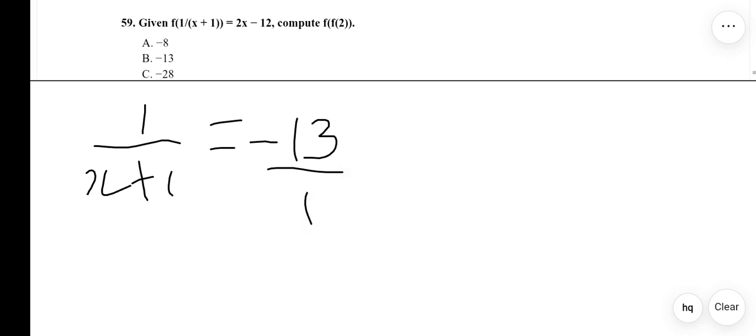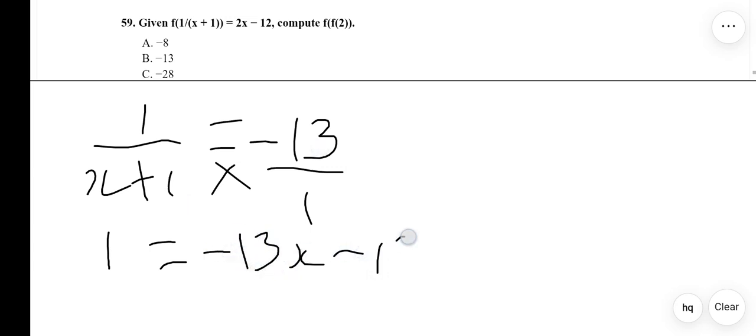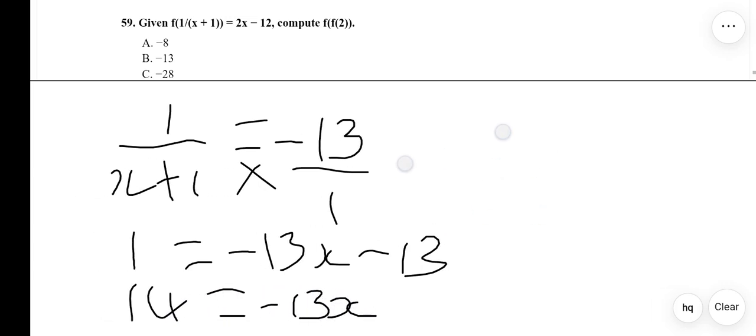So I'll do the same way I did it. 1 times 1 is 1. Minus 13 times x will give me minus 13x. Then minus 13 times 1 will give me minus 13. So this minus 13 will go to the other side, it changes to plus. So 1 plus 13 will give me 14. So 14 is equal to minus 13x. Then I will divide both sides by this minus 13. So 14 all over minus 13 is equal to x.